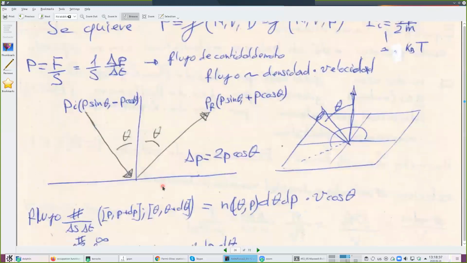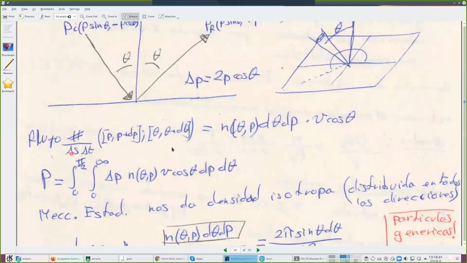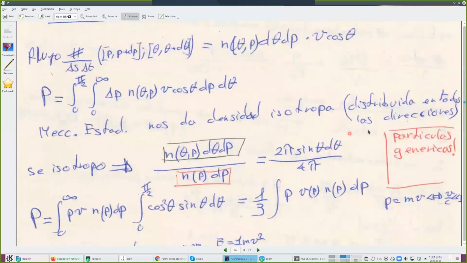Here we explain in detail how to calculate the flux, considering the mechanism, usually not considering isotropic density, where there is no difference among all the directions.